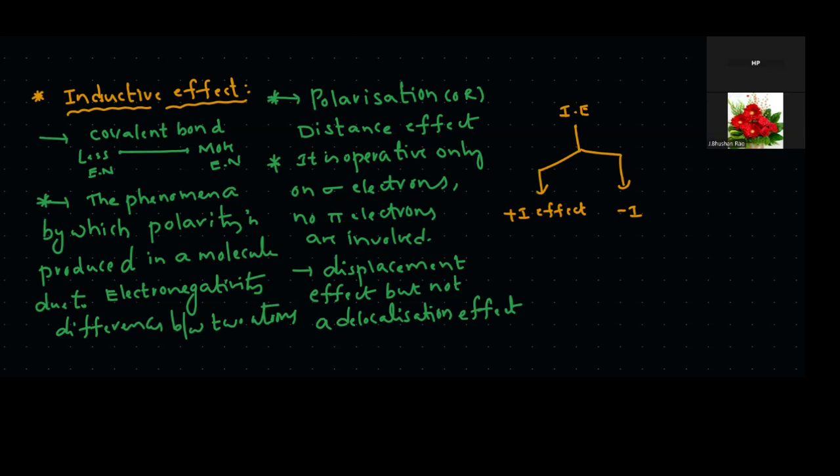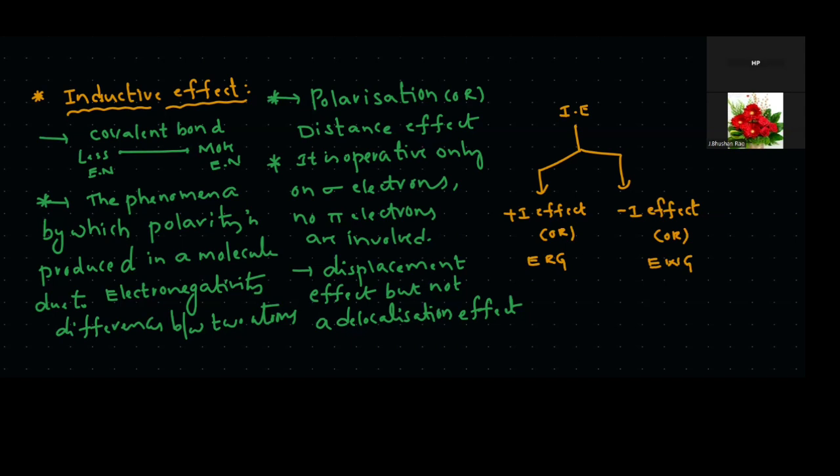The plus I effect is also called electron releasing group, and the minus I effect is called electron withdrawing group. Electron releasing is plus I, electron withdrawing group is minus I. Then we will discuss the plus I and minus I groups separately.